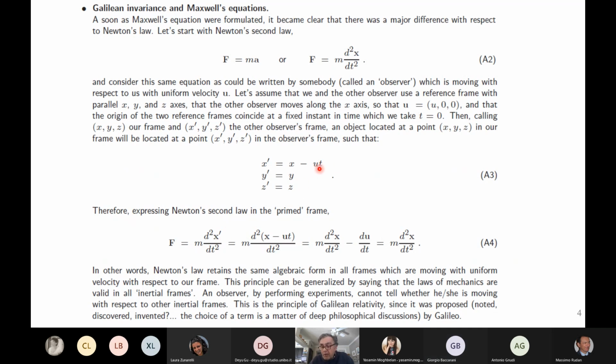The problem was that Maxwell's equations do not do that. They do not show the same property. I think I've hinted in some past lecture the fact that it's pretty obvious that something is amiss if you pick a Galilean idea, and that's because we saw, for example, for the Lorentz force, that an electron feels the force with a magnetic field, and this is proportional to the velocity. So if we move with the electron, the velocity goes to zero, something must be happening, which is not accounted for by Galilean relativity.